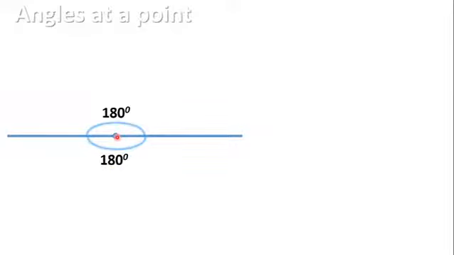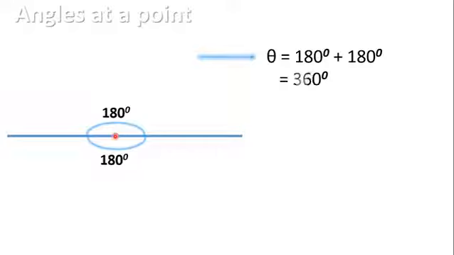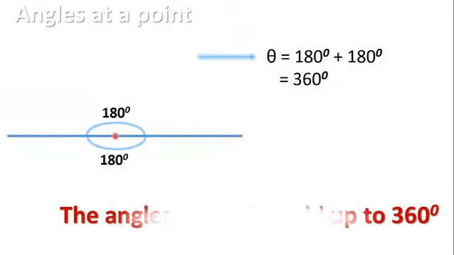And if that is so, it means that the angle that I'll find if I turn around this point is 180 degrees plus 180 degrees, and that will give me 360 degrees. It means that the angle at a point is equal to 360 degrees.